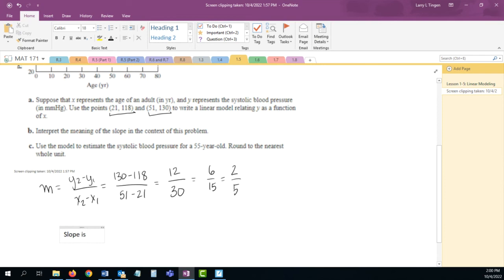Slope of 2/5 means up 2/5 per year. Almost. It's really close. And yeah, per year you could do it that way. So I've got 2 over 5, so I'm going up 2/5 of 1 millimeter of mercury per year.